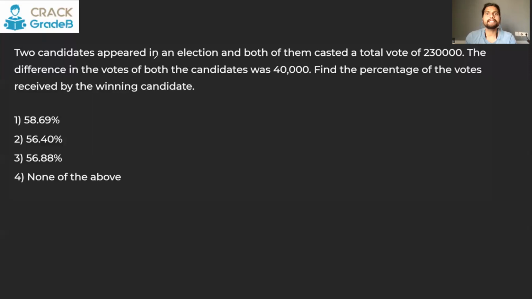Two candidates appear in an election and both of them casted a total vote of 2,30,000. The difference in the votes of both the candidates was 40,000. Find the percent of vote received by the winning candidate. So you know, if the winning candidate got W votes and the losing candidate got L votes, the total number of votes was 2,30,000.